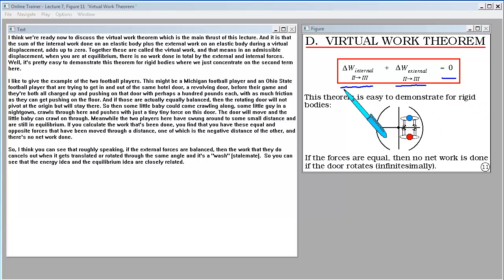Together these are called the virtual work, and that means in an admissible displacement, when you're at equilibrium, there's no work done in total by the external and internal forces. Well, it's pretty easy to demonstrate this theorem for rigid bodies where we just concentrate on the second term here.